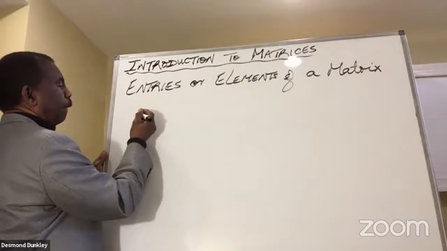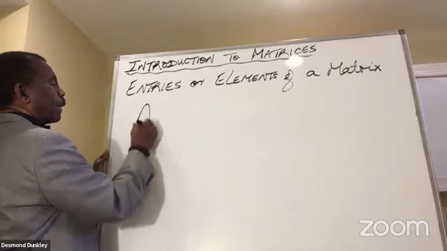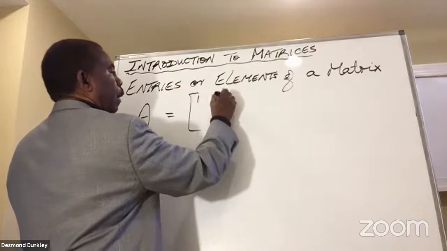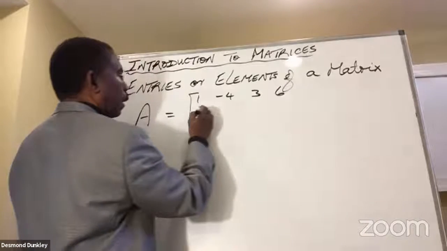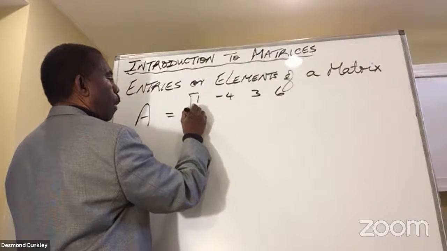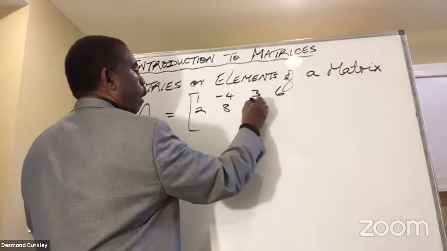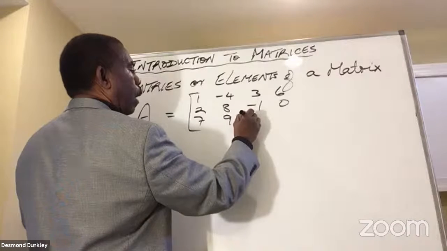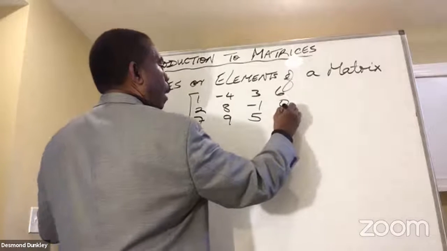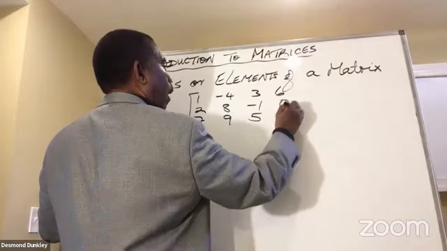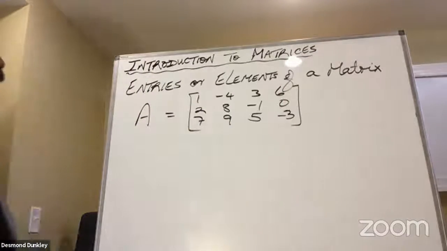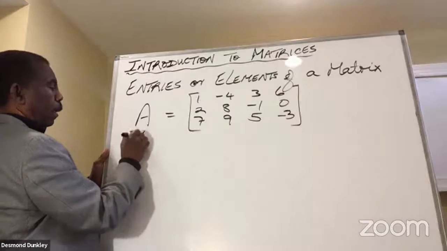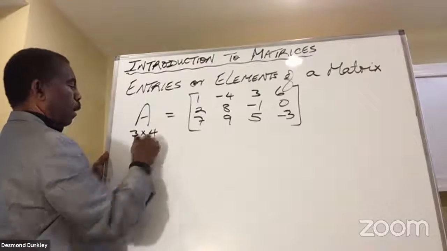So, if you have, for example, matrix A equal to this, that tells me that A is a 3 by 4 matrix.